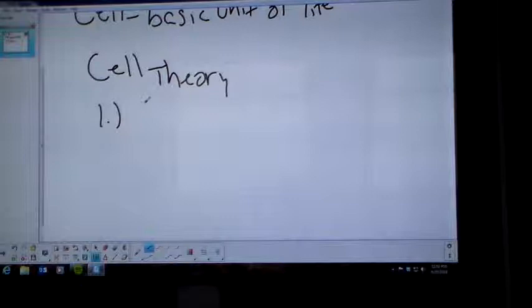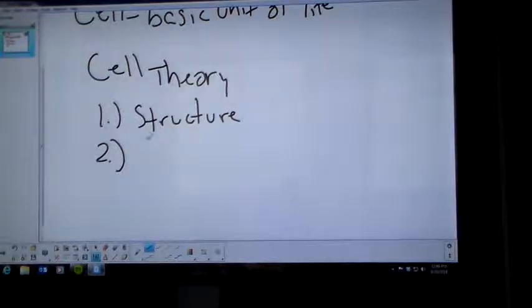The first one is that the cell is the basic unit of structure. So I'm just going to put structure down. The second one is it's the basic unit of function.